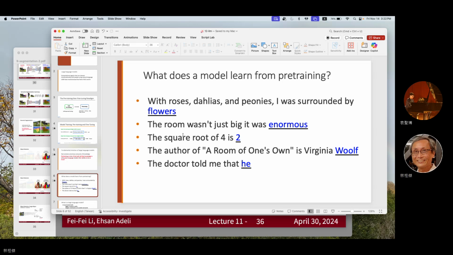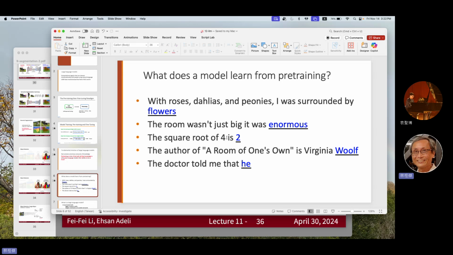The square root of 4 is what? 2. But you could also give some other answer. I can say "not". Then what will be the next word, if I say the square root of 4 is not?